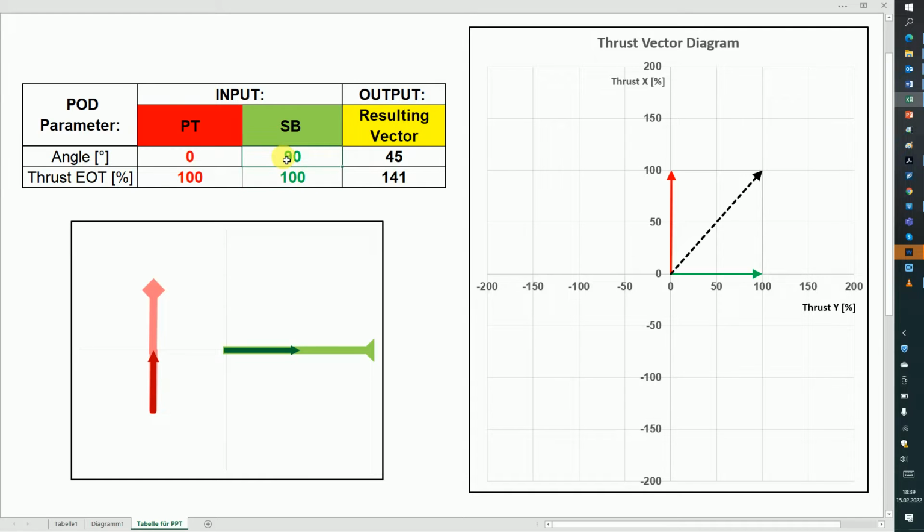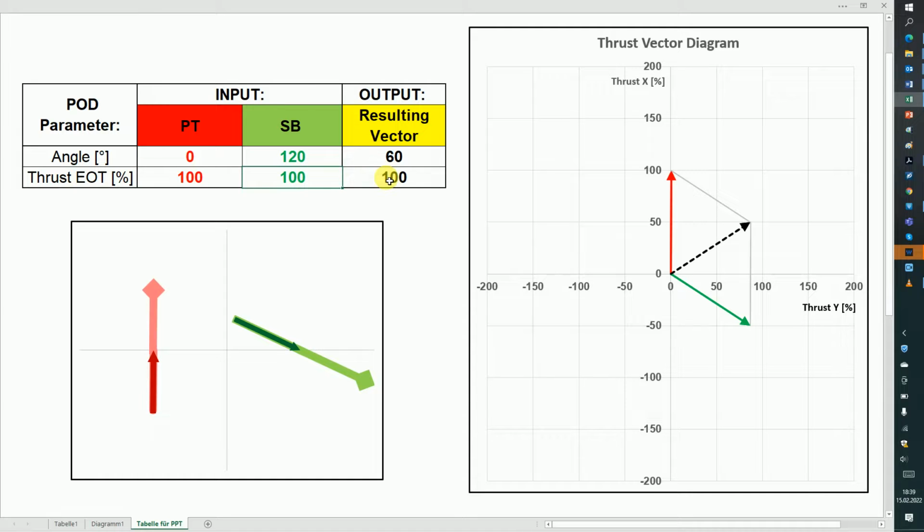And if we go to 120, then we see, if the difference between both pod angles is 120 degrees, then the length of the resulting vector is the same as one of the pods. So this is the combined force, but it's only the force of one pod then. If we go to 150, then we see now it's only half of the force of one pod.